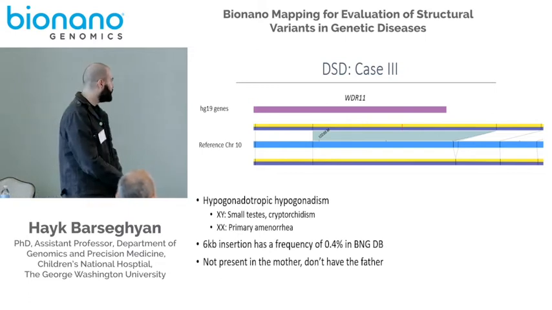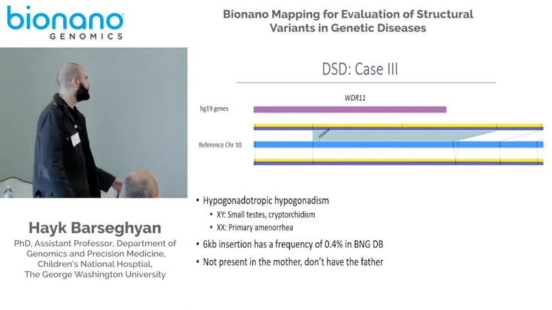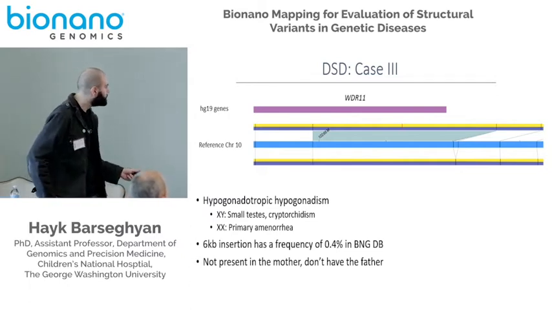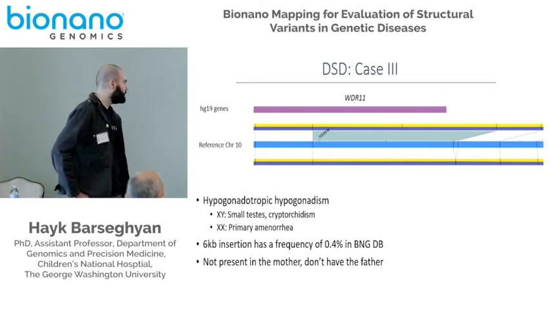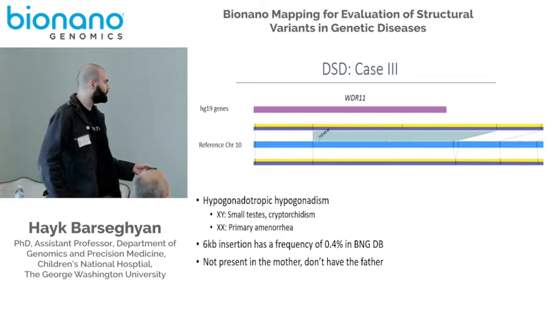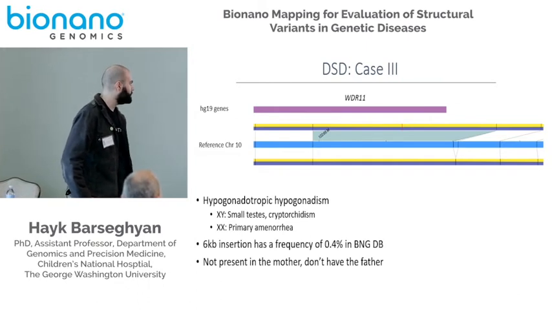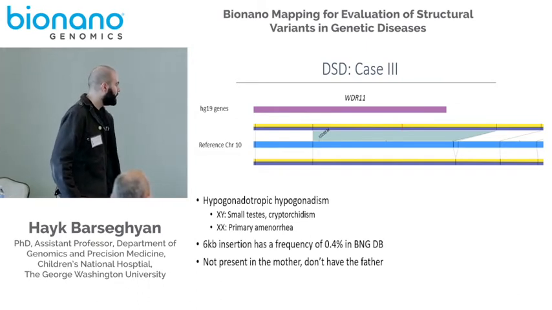This one, I don't remember whether it was DLE or endonuclease based, but we identified a 6 kilobase pair insertion in WDR11 gene, which has previously been associated with hypogonadotrophic hypogonadism in autosomal dominant pattern.